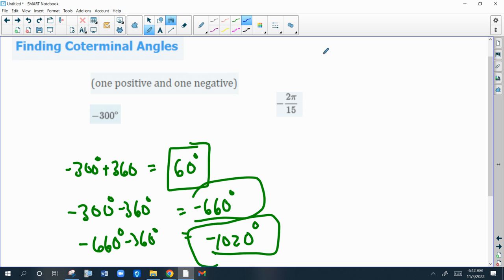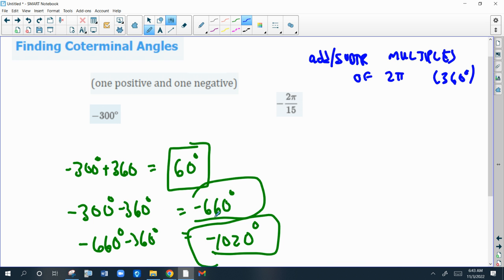So we're just adding or subtracting multiples of 2 pi, which is 360, just like we did over here.